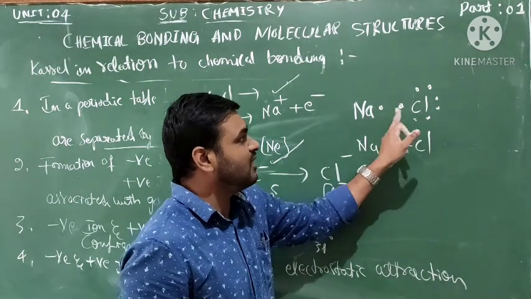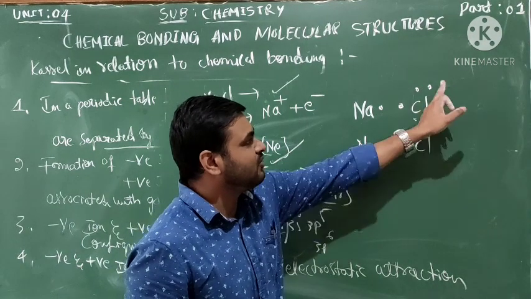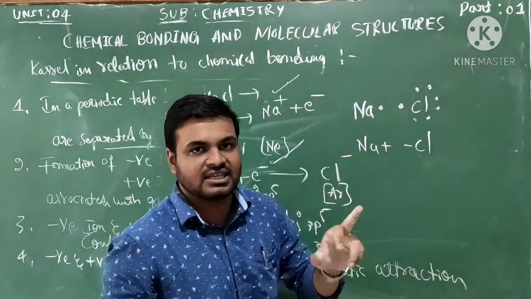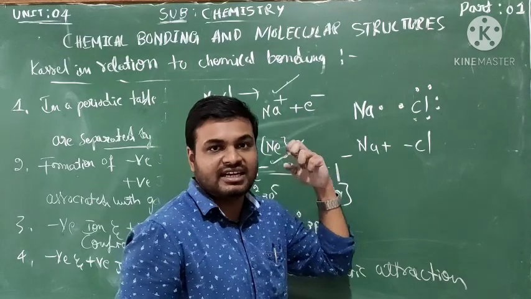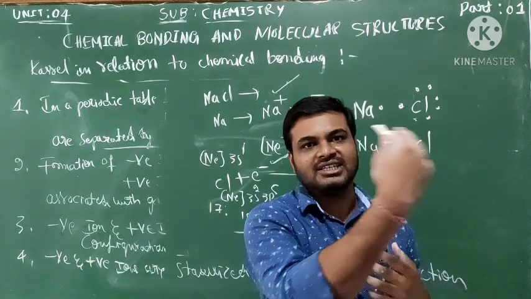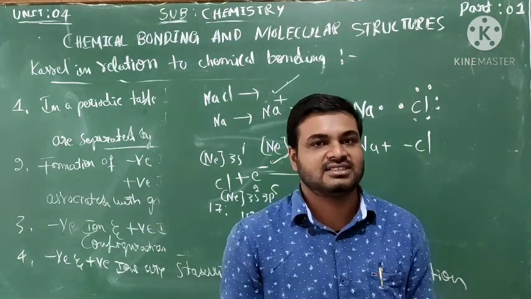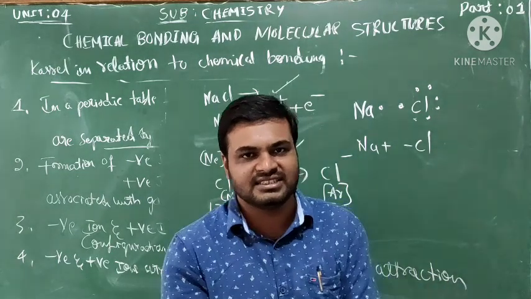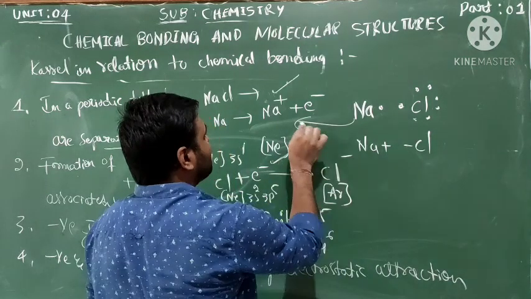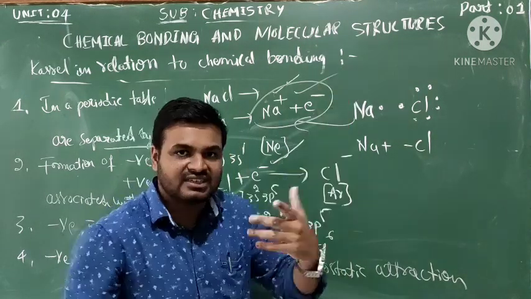Sodium loses 1 electron to leave 8 electrons, or it would have to gain 7 electrons. Losing 1 electron is very easy compared to gaining 7 electrons. That's why sodium loses the electron.